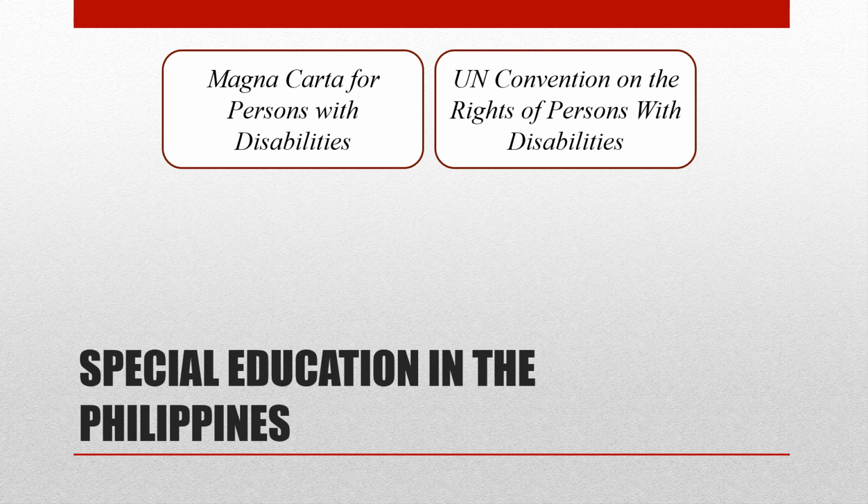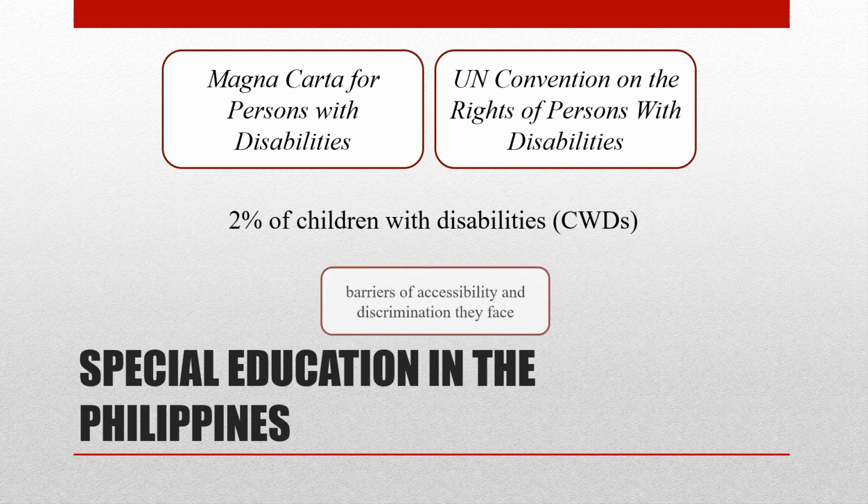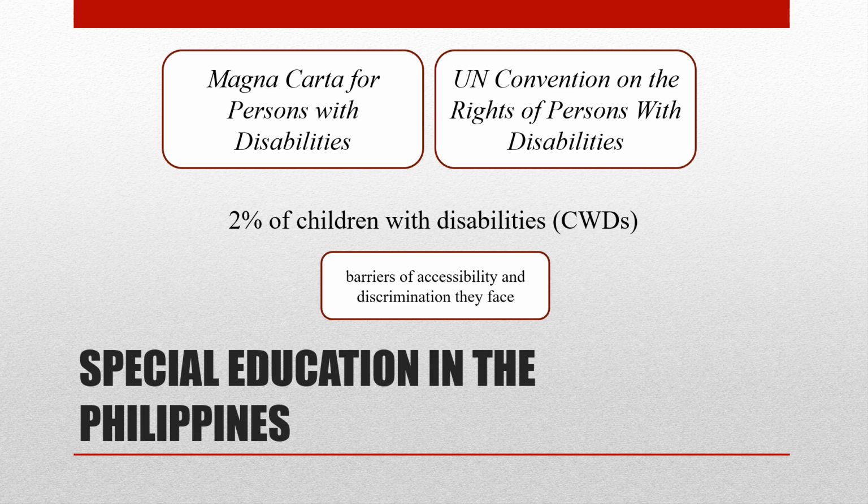However, the Department of Education reports that only 2% of disabled children in the Philippines are currently able to access educational opportunities. Of those who do access education, dropout rates are high because of the barriers of accessibility and discrimination they face.